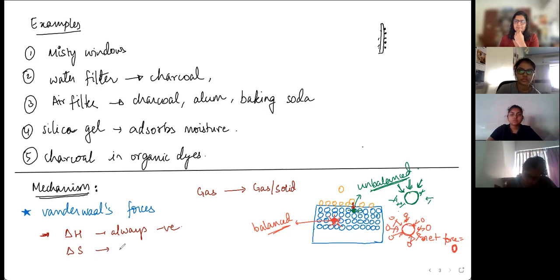Negative. So S initial minus S final kya aa raha hai? Is this a positive value or negative value? Oh, negative. Huh? Sorry. Yeah, it's positive, S initial is greater than S final.